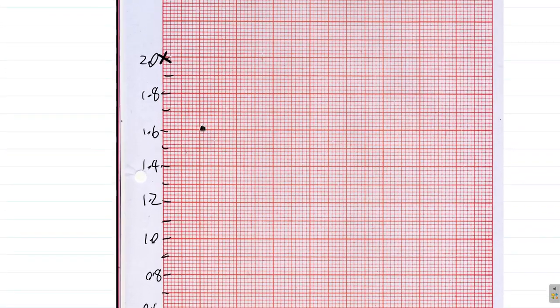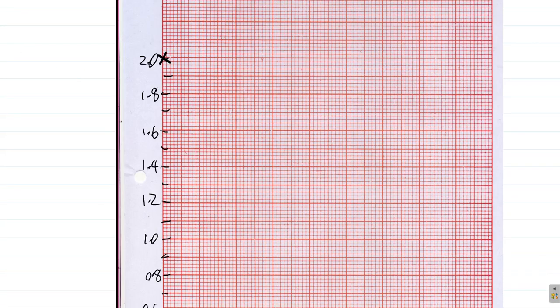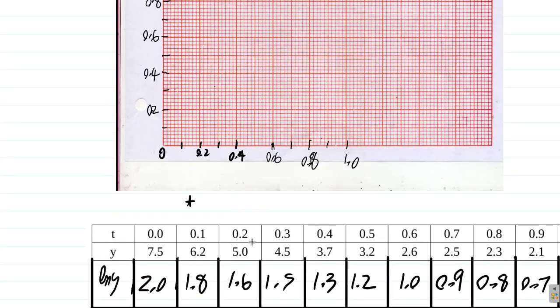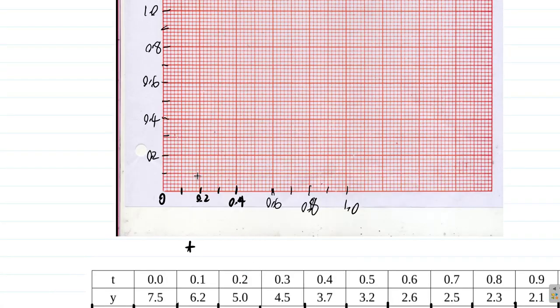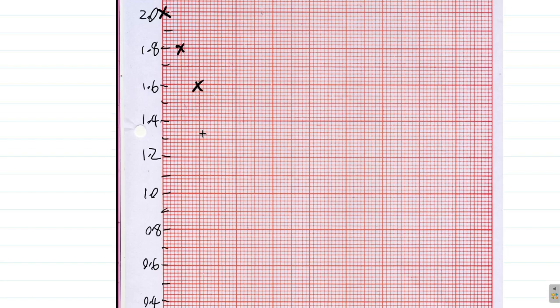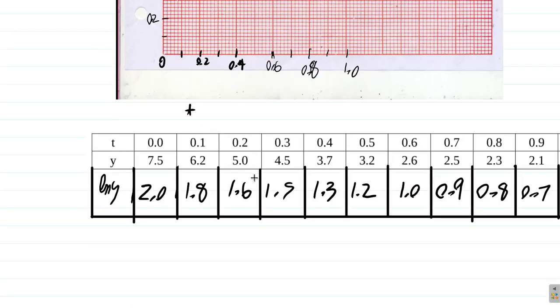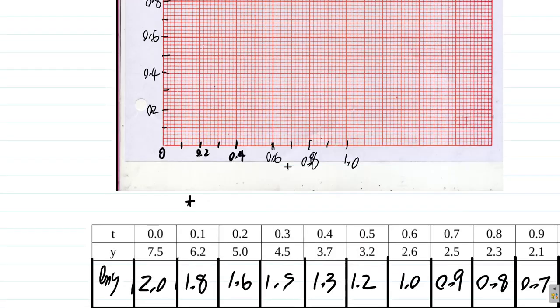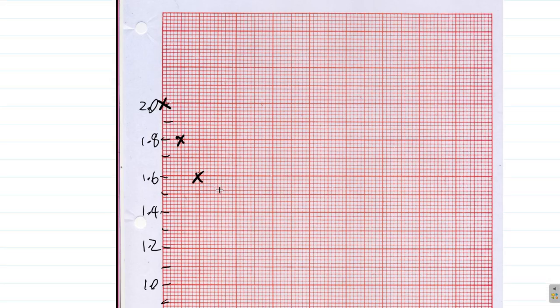I will go to 1.8 right here. Then we have 0.2, 1.6. This is 0.2. I'll go to 1.6, should be right here. Then we have 0.3, 1.5, so we have 0.3, 1.5 is here.